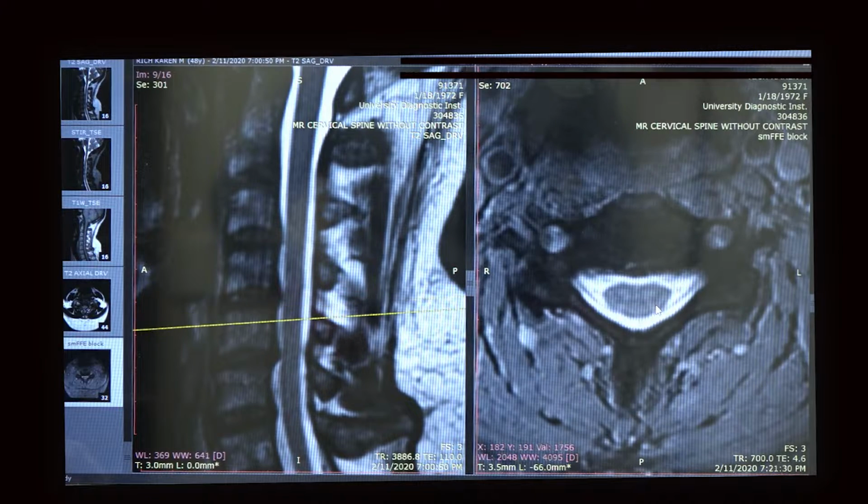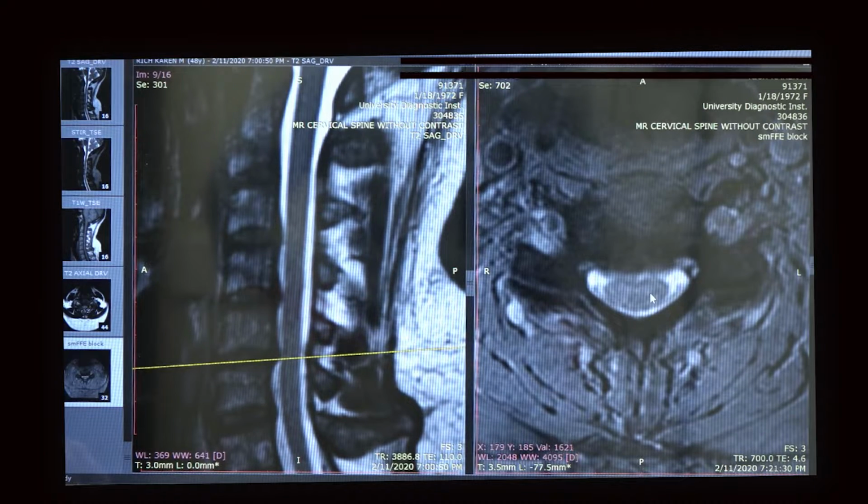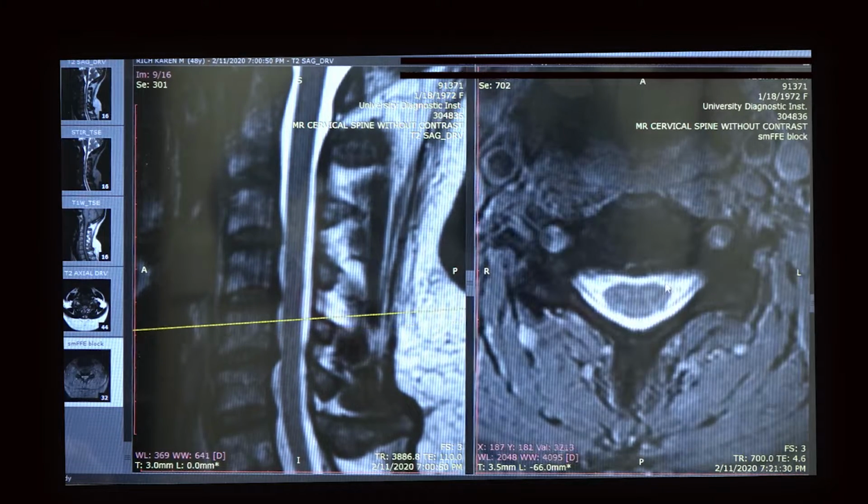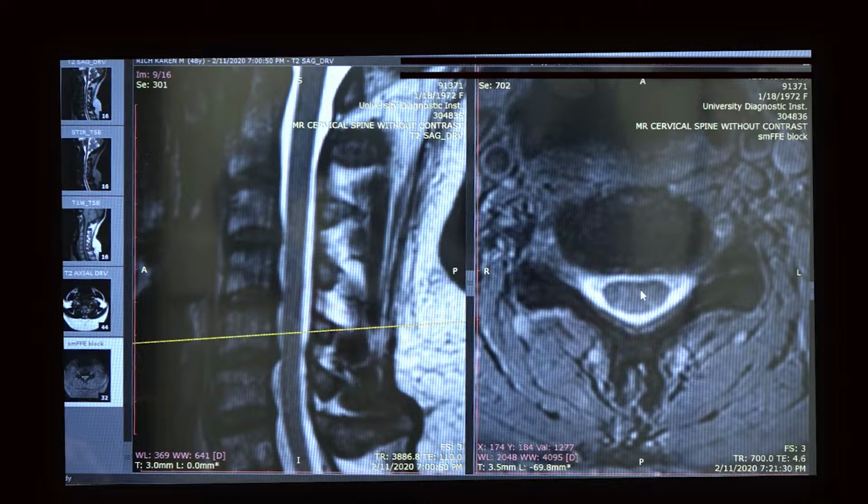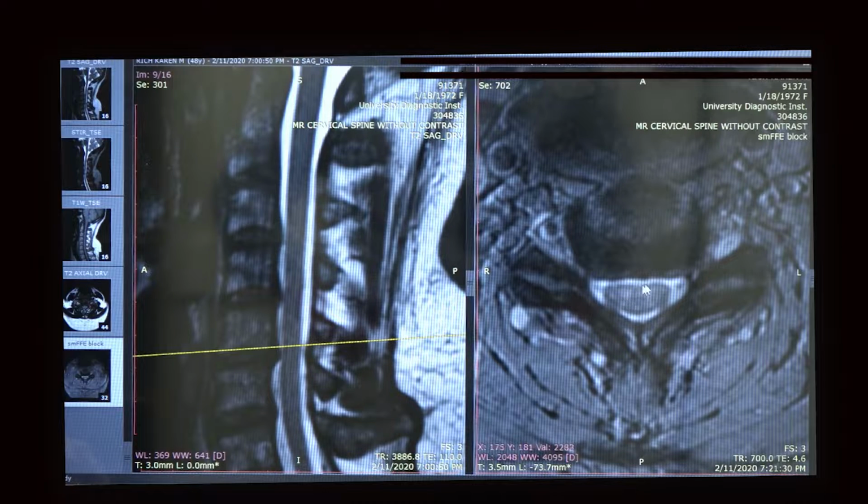When we go even further lower down to the C5-6 level, you see that she progresses from a nice oval spinal cord to a flattened spinal cord, much like you see here, with narrowing of these exiting nerve roots both on the right side as well as on the left side. So she has probably a little bit more of a left-sided symptomatology, plus she has spinal cord findings.